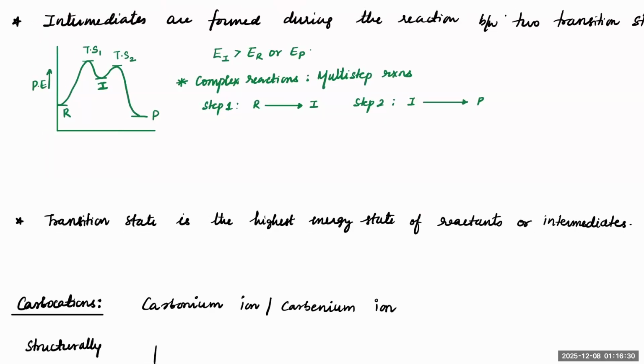Clear, everybody? This is what we call an intermediate. And there is one more important term we should remember. You can see this much amount of extra energy a reactant has to gain so that it can reach this maximum point, or maximum transition state. So that particular amount is what we call activation energy.